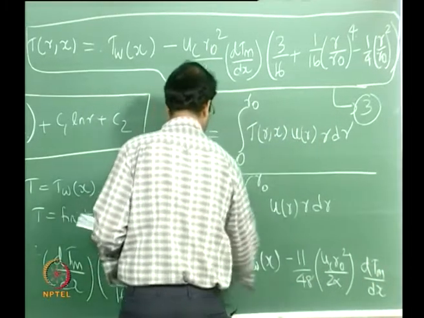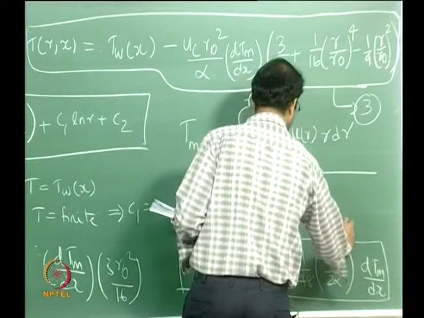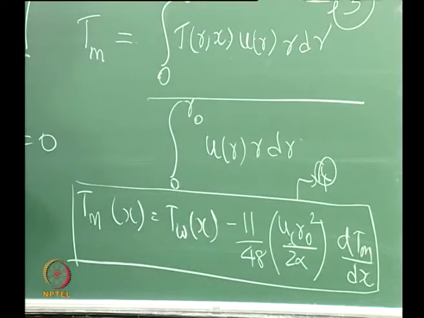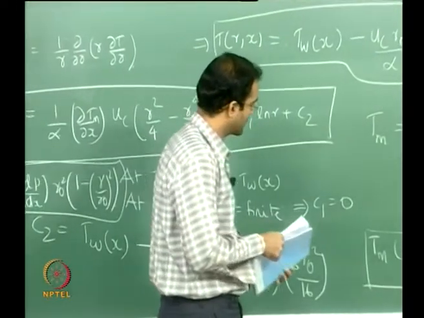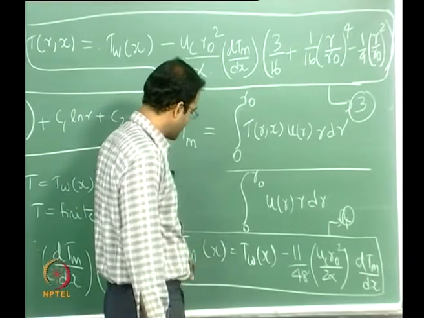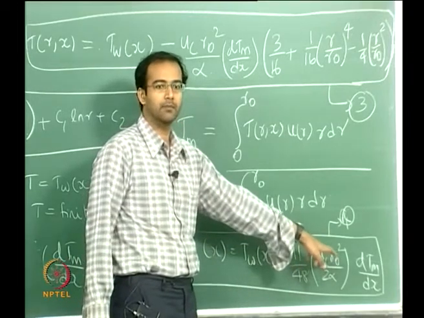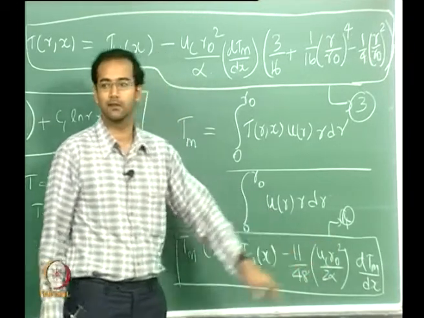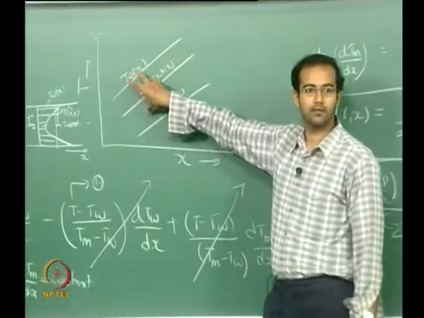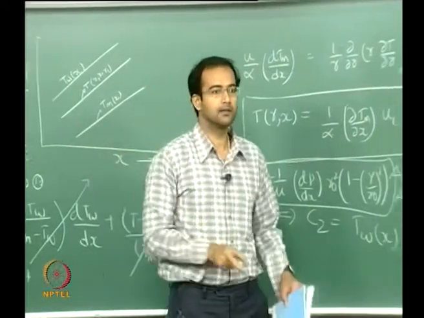Let us call this number 4. This is the variation of mean temperature with respect to x. Therefore you can see your Tm minus Twall is going to be a constant because dTm by dx is a constant. So the difference between the two, Tm minus Twall, has to be a constant.